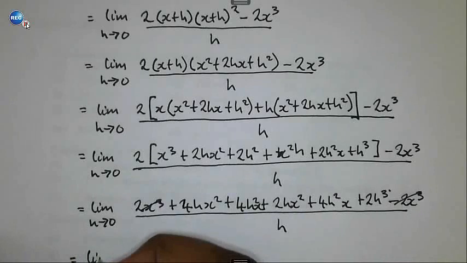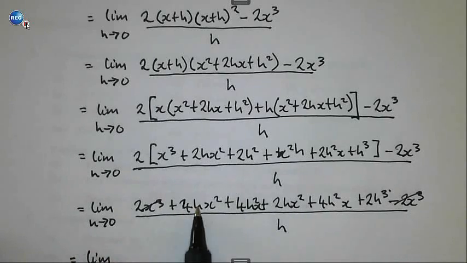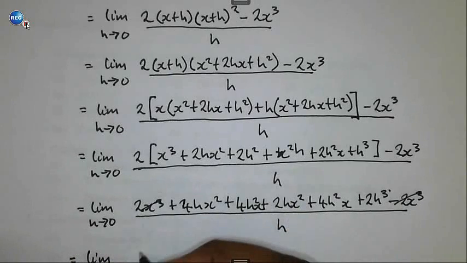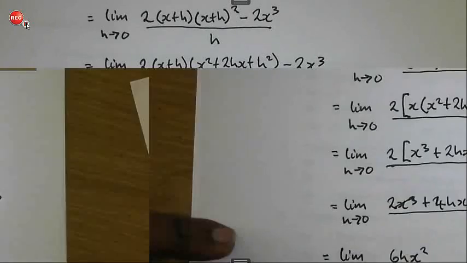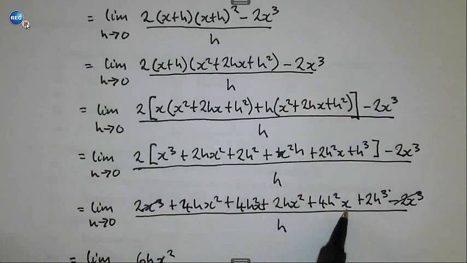Now let's see what happens with the other like terms. 4hx squared and 2hx squared add up to 6hx squared, right? These are like terms, so they're going to add up. 4h squared x and 4h squared x, these are alike, so they're going to add up.